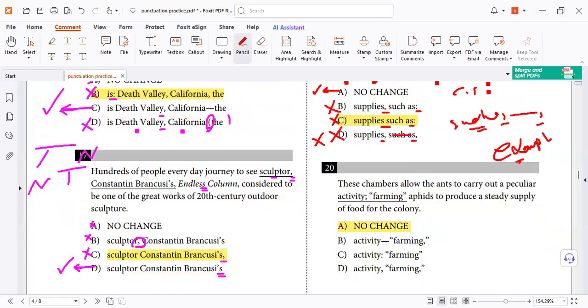Let's follow the rules. Number 20. You make it A, but no, my friend. Read again. Okay.